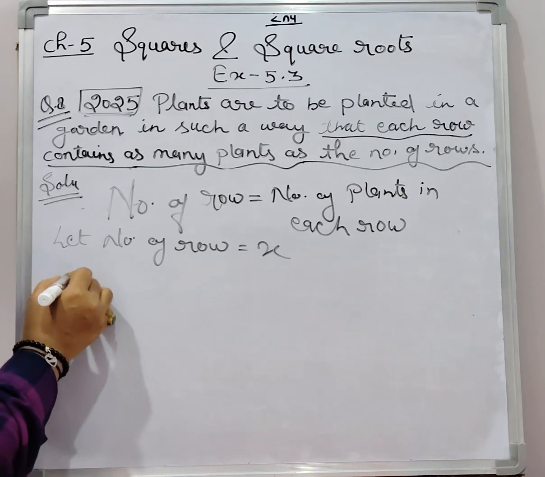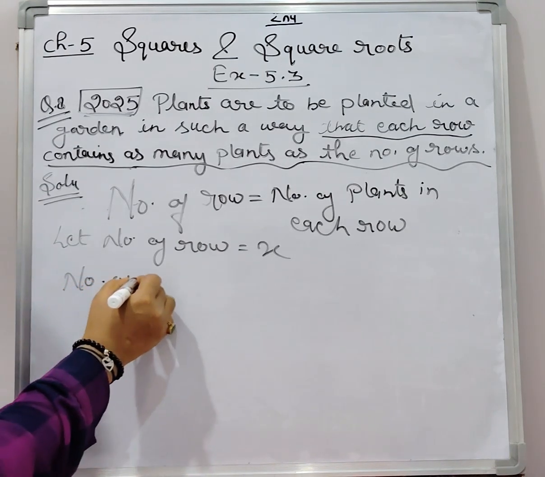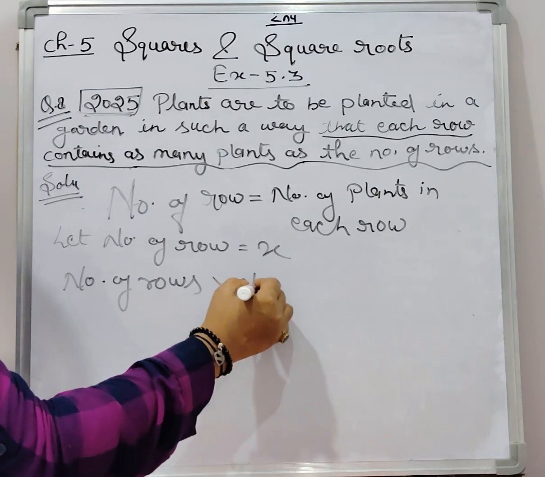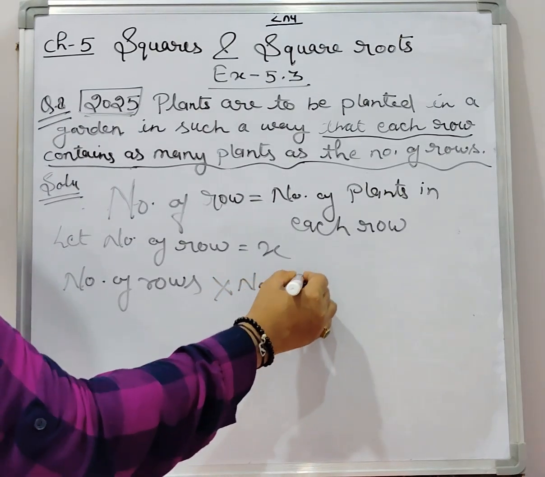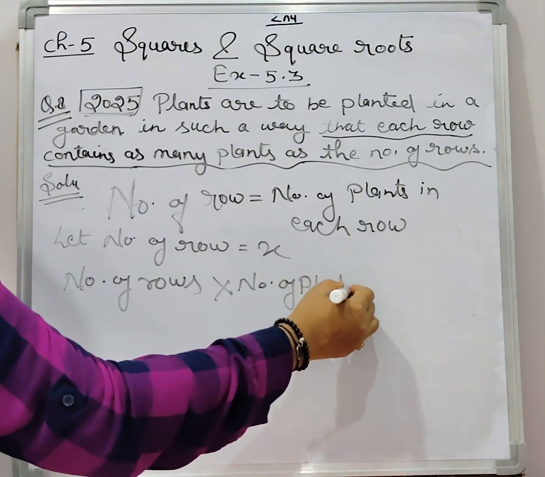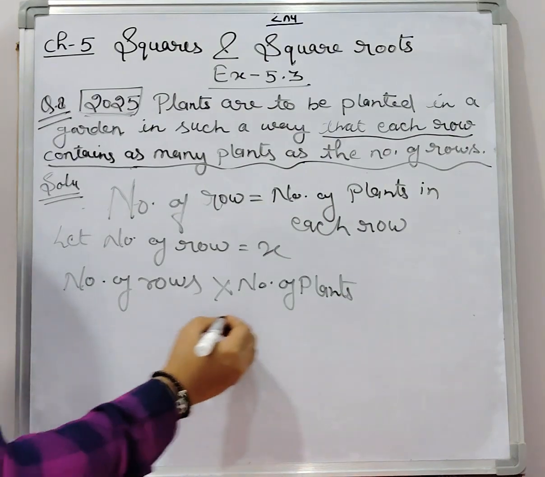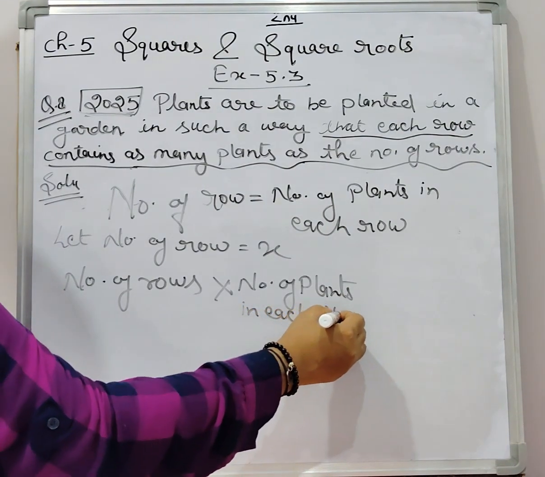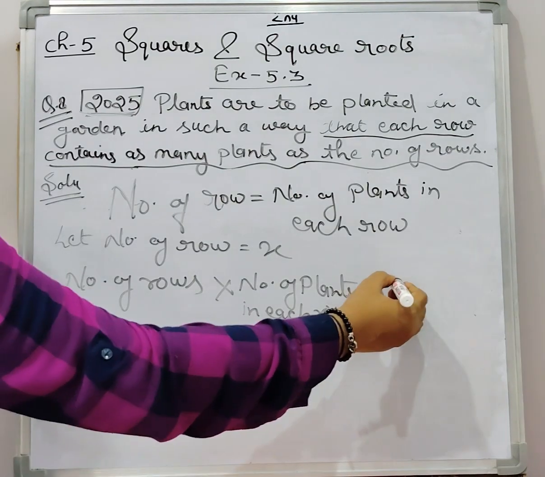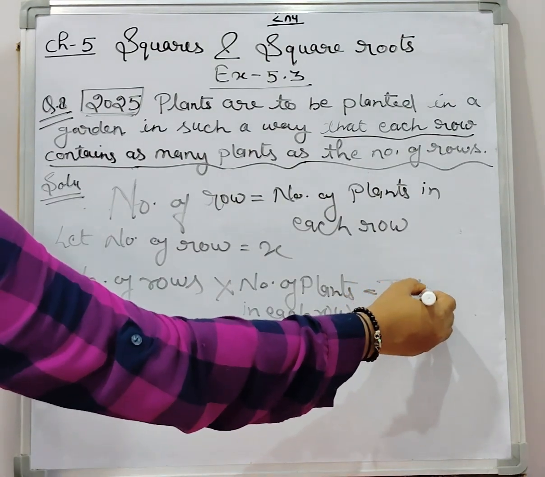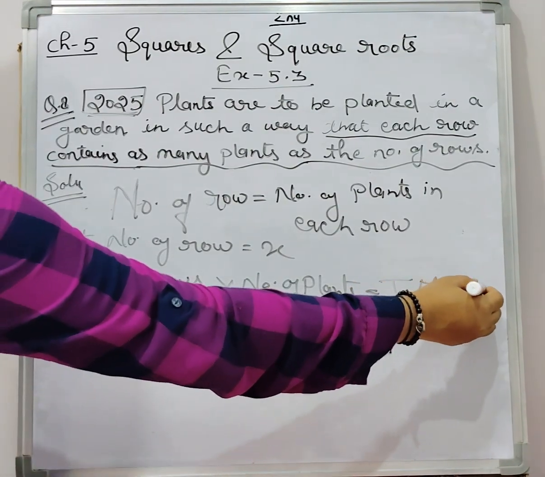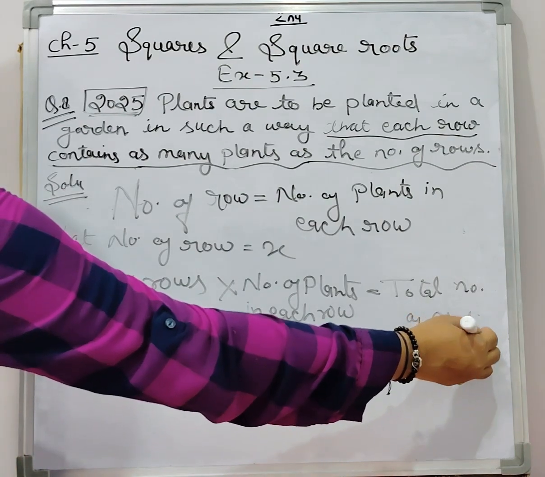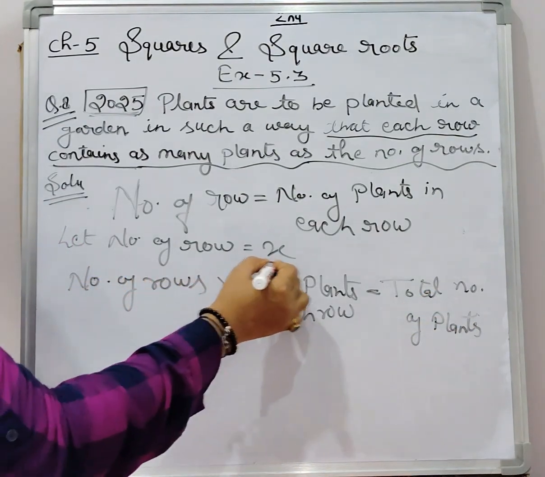So here the number of rows multiplied by the number of plants in each row is equal to the total number of plants. So this I have taken, that is x.